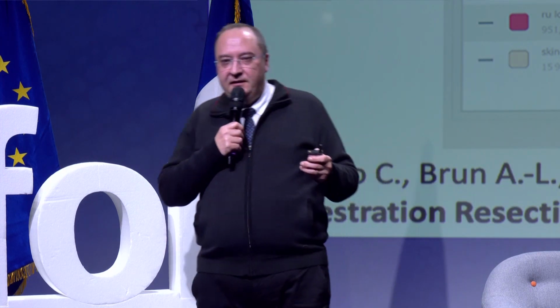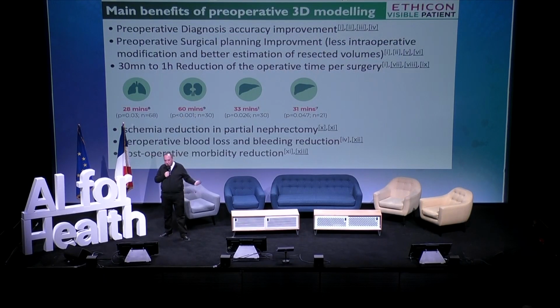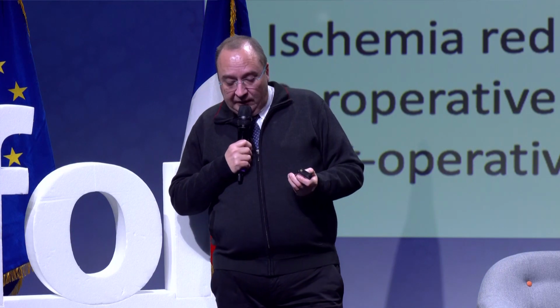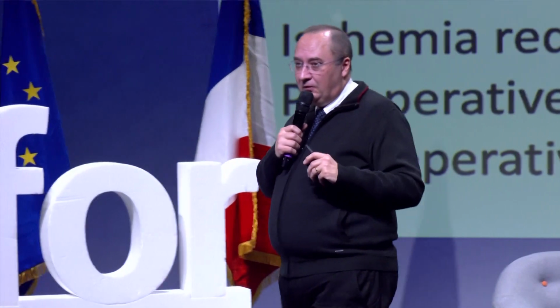Indeed, in reality, there is an amazing number of benefits to use such modeling. You have here the list of these benefits: a better diagnosis, of course, a better surgical planning because you have the patient map. Of course, if you want to reach a road, it's better with the GPS than without. You have a reduction of the surgical length, which is really important because half an hour is $1,000.